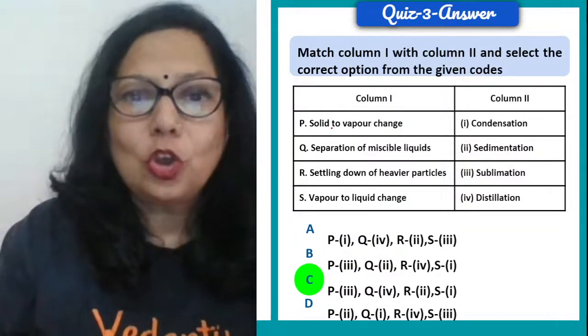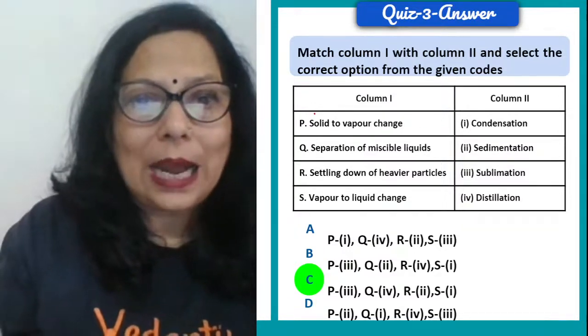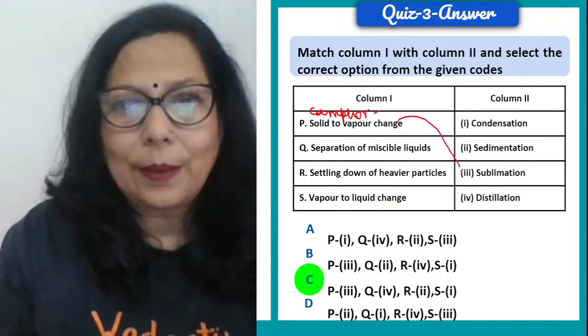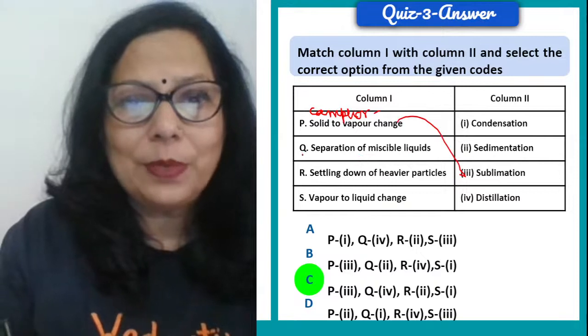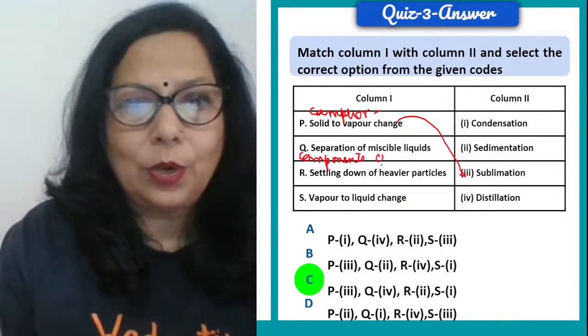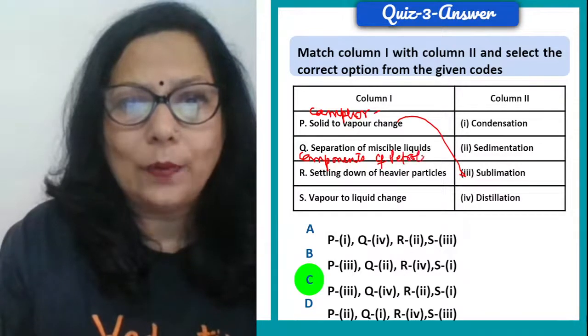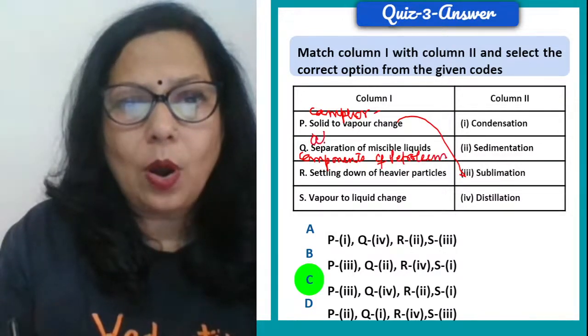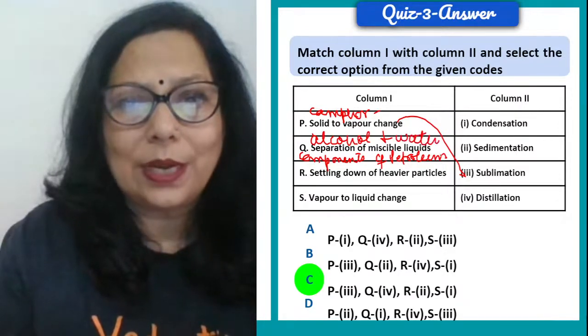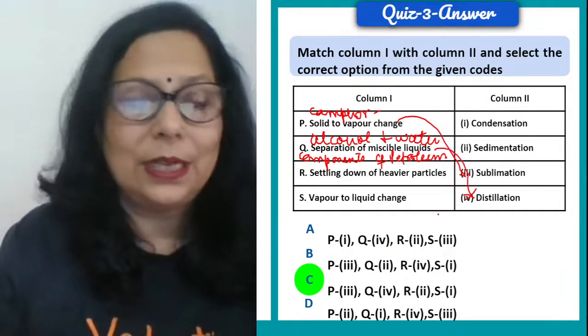Now see, solid to vapor, that means like camphor, so it is sublimation. Separation of miscible liquids, for example components of petroleum or alcohol and water. I'm giving you the examples also because sometimes you can get examples. How will you separate? Distillation.